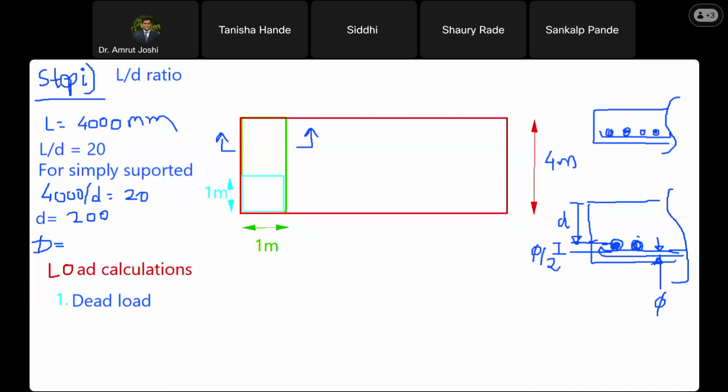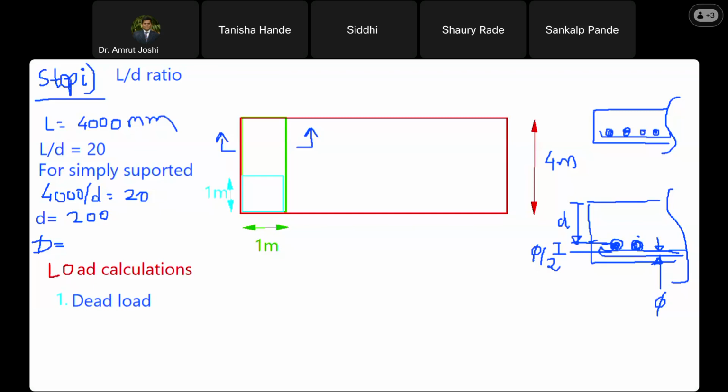So let me write down that it is 200 mm, this small d, plus 5 by 2 plus 5, isn't it? Yes, sir. So once I do 5 by 2 plus 5, I reach the bottom surface of this reinforcement and then we have clear cover.